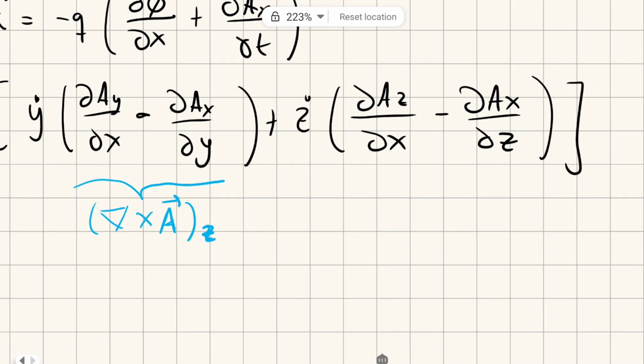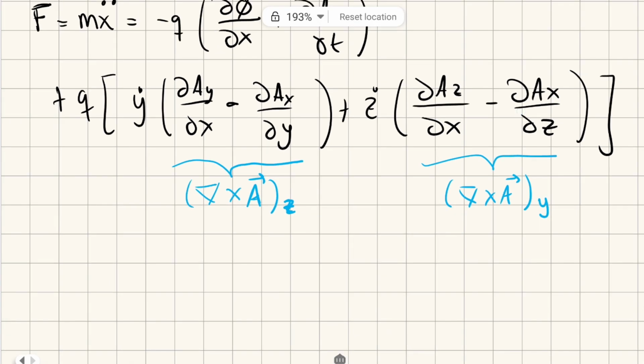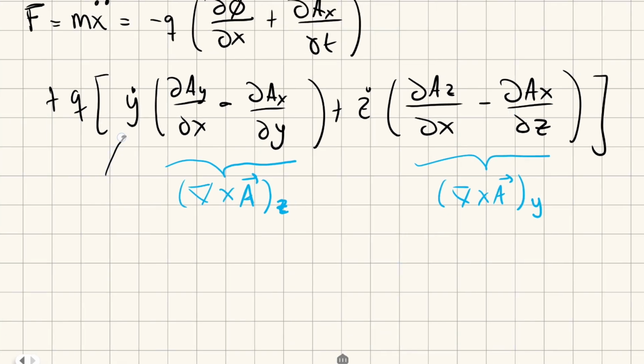And here something similar happens, because this is the y component of the curl of the vector potential. So if you notice, we have here the y component of the velocity and the z component of the curl of the vector potential.